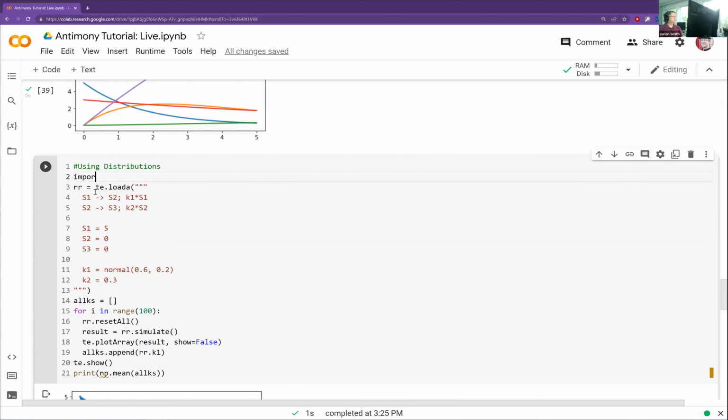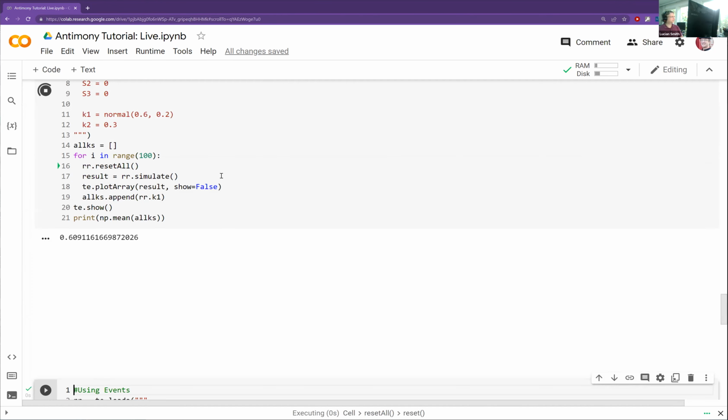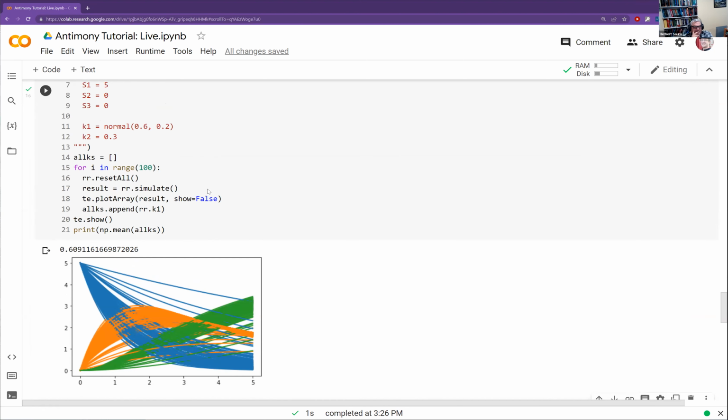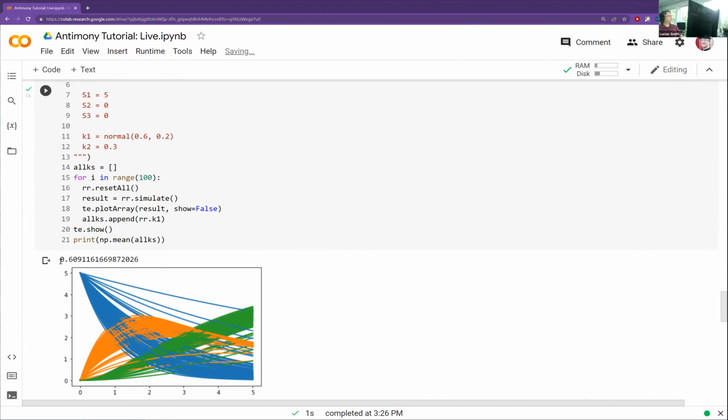No, or numpy. It's not going to work. Whew, look at that. 0.609. So yeah, sort of a poor man's parameter scan. We set k to a wide variety of values, but the mean was indeed 0.6, just like we told it to be. It was close to 0.6 because obviously it was only 100 draws, so it won't be exact.